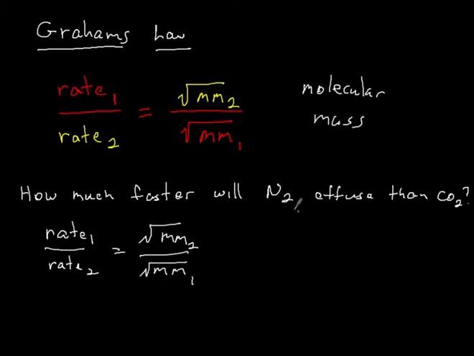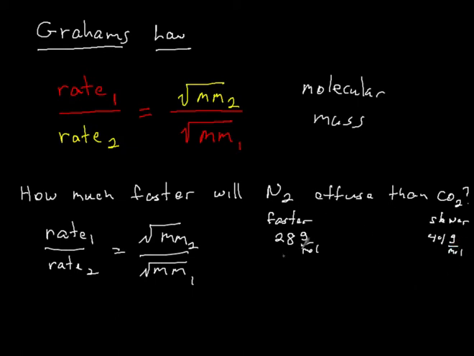Here's how I suggest you work this. If you're looking for how much faster, we know that this is going to be faster. We know that this is going to be slower. You know that because this has the lighter molecular mass of 28 grams per mole versus 44 grams per mole.